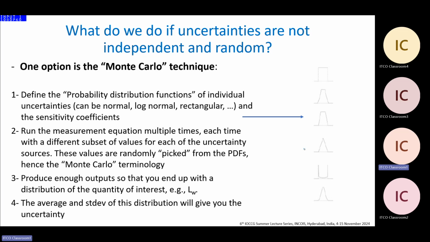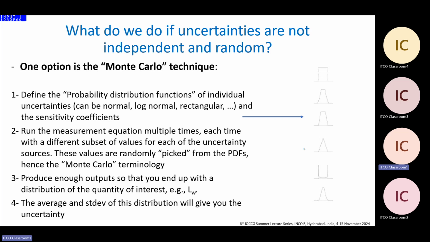To do this, what you have to do first is to define the probability distribution function of each individual uncertainty. And that can be all sorts of distributions: normal, log normal, rectangular, whatever, depending on what this uncertainty is. And what I mentioned before, their sensitivity coefficients, whether this parameter has a strong impact on the final results or maybe a very small one.